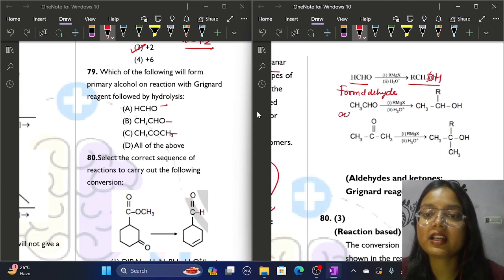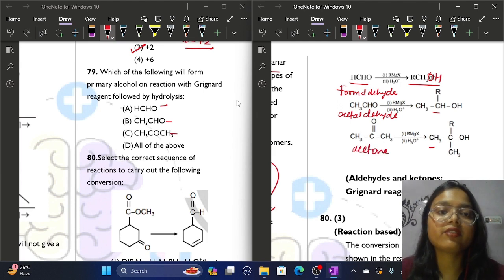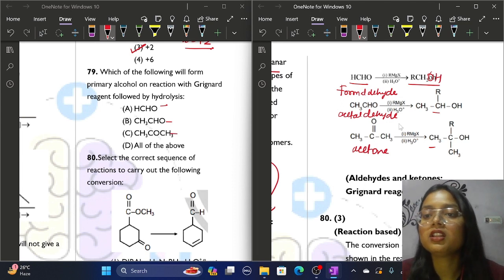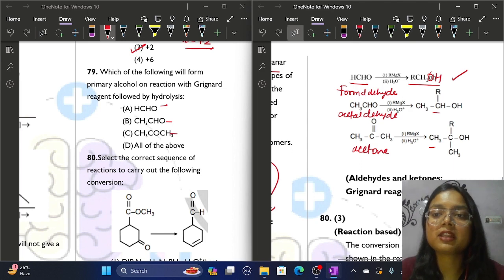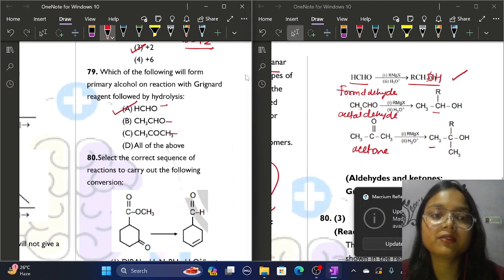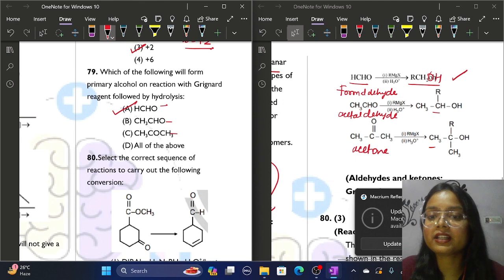For acetaldehyde, this structure is formed, and for acetone, this structure is formed. The question asks which will form the primary alcohol. Among these, HCHO gives the primary one, so option A will be the correct one.